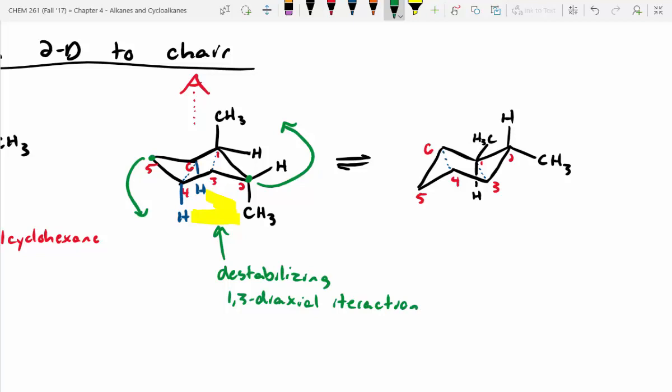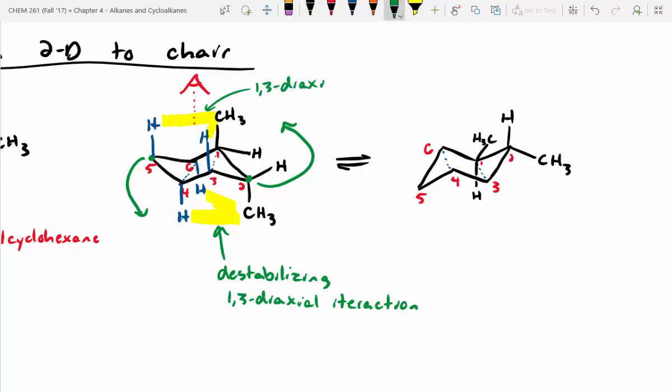The one on the right, the methyl groups are pointed out and away from the ring system, so it's not going to be running into other axial things, right? If we do the one on the left, or sorry, the other methyl group, you can imagine we've got two hydrogens right here and here pointed up and down, and these are destabilizing.